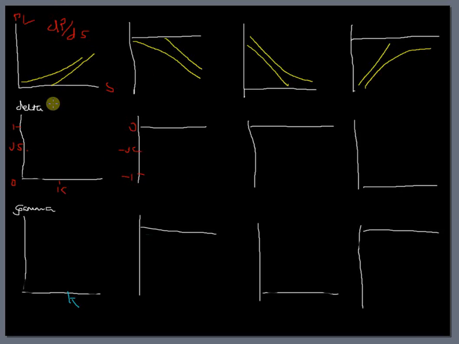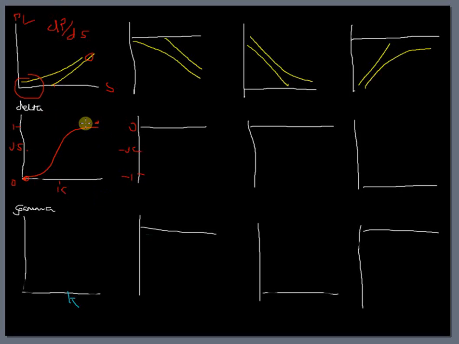So intuitively we know that delta is in this direction. Okay, so at this point, when it's out of the money, right, the delta is flattish, so it should be 0 at around 0 here. At this point, when it's in the money, it should be at 1 here. Okay, at k, it should be 0.5.